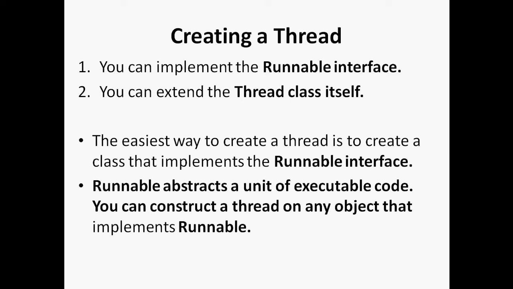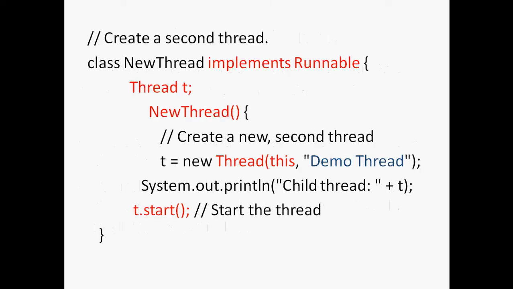It abstracts a unit of executable code. That means for running a single thread, whatever information is needed, the Runnable interface contains it. You can construct a thread on any object that implements Runnable. That means for any class you can use implements Runnable and execute the thread programs.